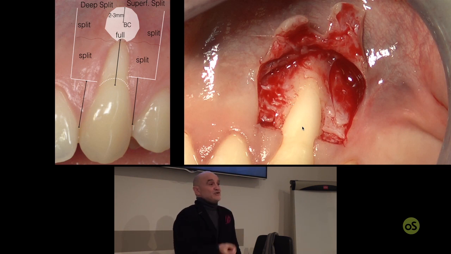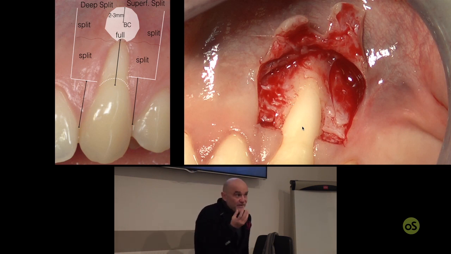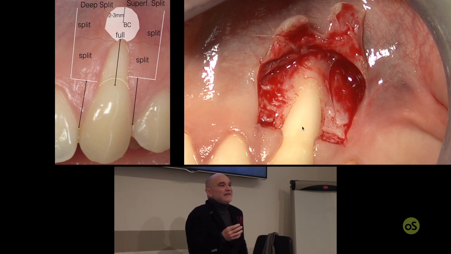What are amelogenins? They are proteins applied on the root that promote cells of the blood clot to differentiate into cementoblasts, fibroblasts, and osteoblasts.